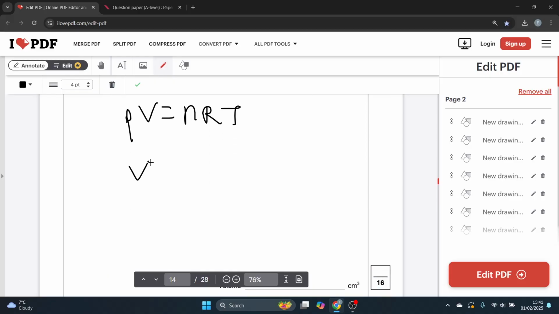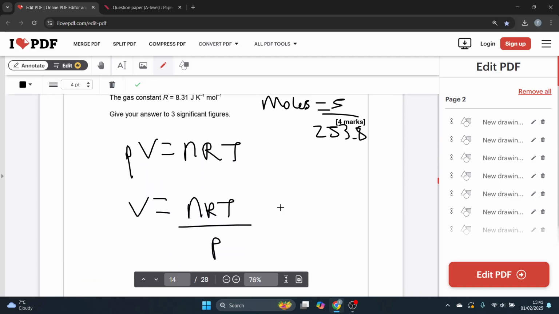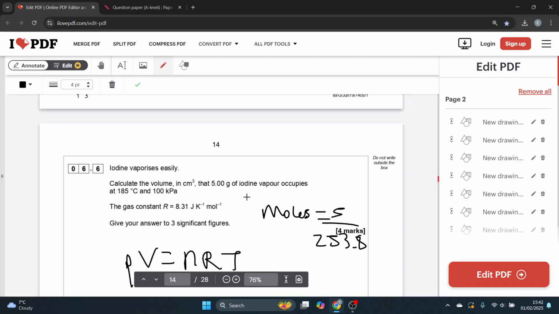I want a volume, so volume is nRT divided by P. I want to find out the volume of iodine vapor, so the moles will be 5 divided by the Mr of this, 253.8, times 8.31, times the temperature in Kelvin.